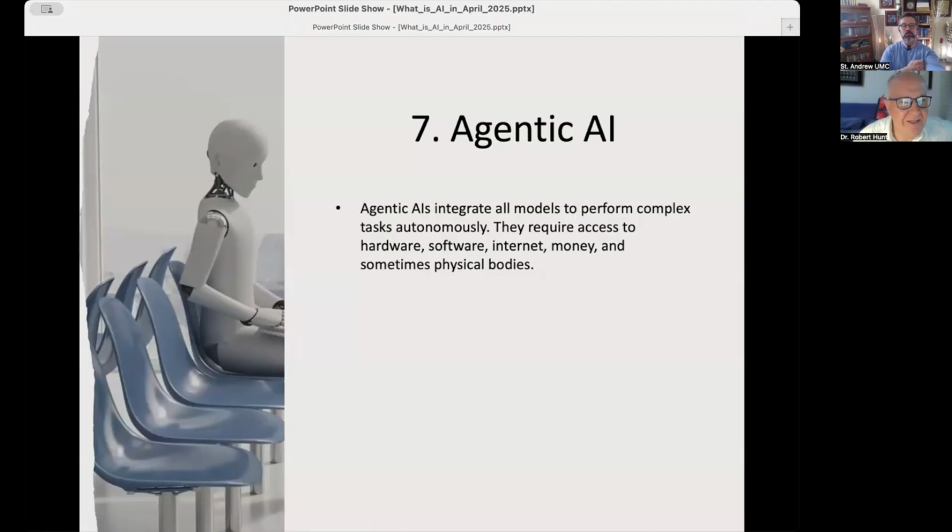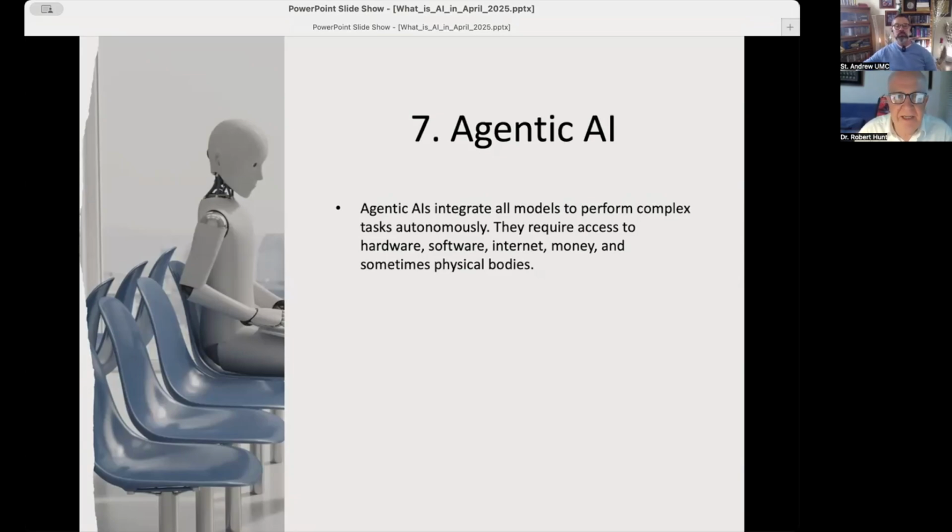Last but not least, agentic AI. This is the hottest thing since multimodal AI, the idea of an AI agent. I'll maybe give an example of this if I can, but I've barely begun to experiment with agentic AI, and it's a rapidly moving field. I can tell you what it does, though.